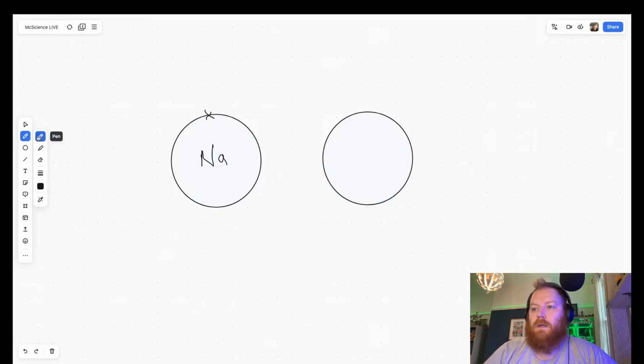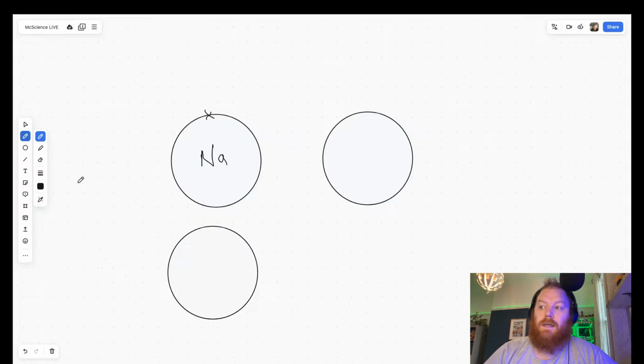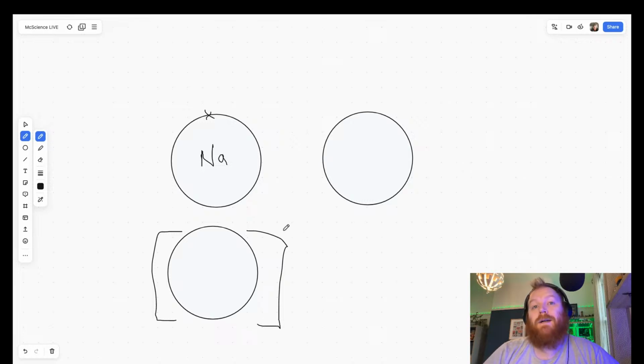Hold on a minute, I'm just going to redraw my sodium. And we would put brackets around the sodium ion to say now this has a charge. And because it's lost a negative electron, it becomes positive.